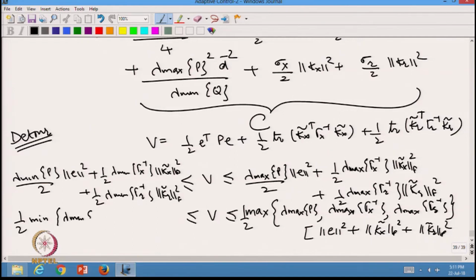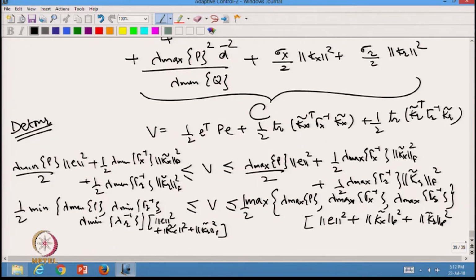Similarly here we can have half the minimum of lambda min of P, lambda min of Gamma x inverse, lambda min of Gamma r inverse, times norm of e square plus Kx tilde square plus Kr tilde square. So it became a little untidy here, but I hope you get the idea.